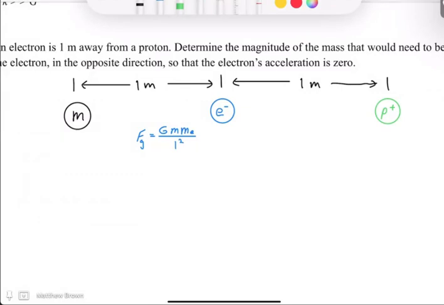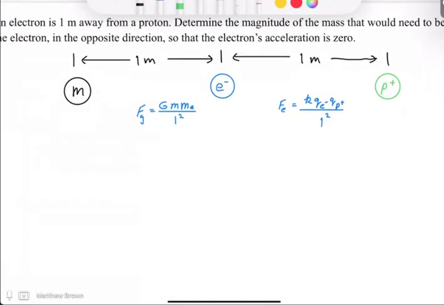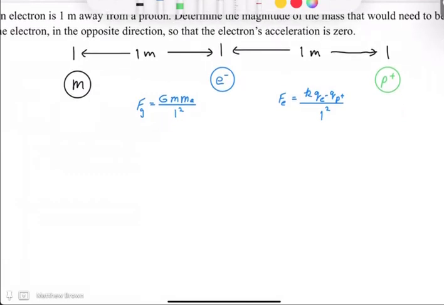And in the opposite direction, we're going to have the electric force, which is going to be K times the charge of the electron times the charge of the proton divided by r squared, which once again is just 1 squared. Now, these two things have to be equal if the electron is not going anywhere, right? The two forces have to be the same.